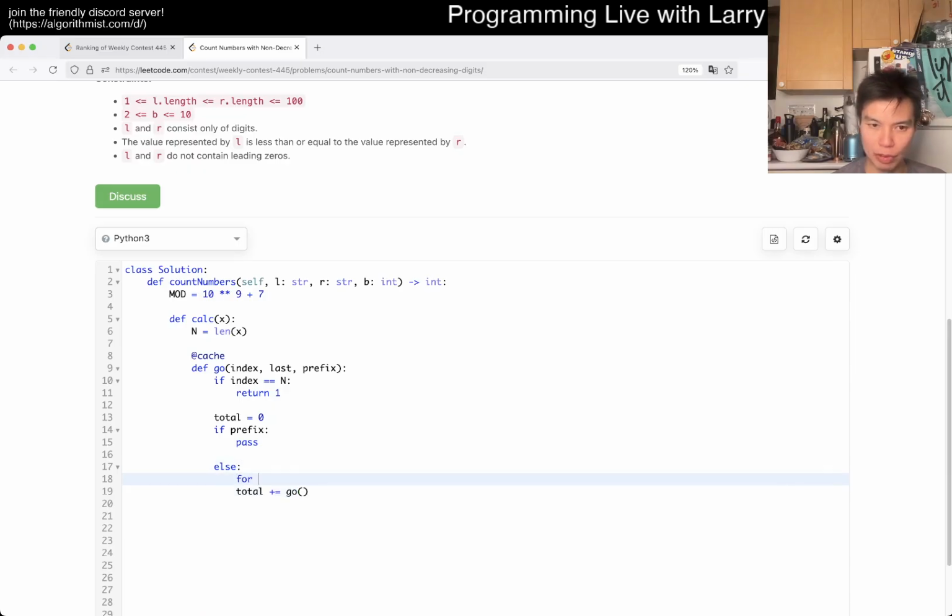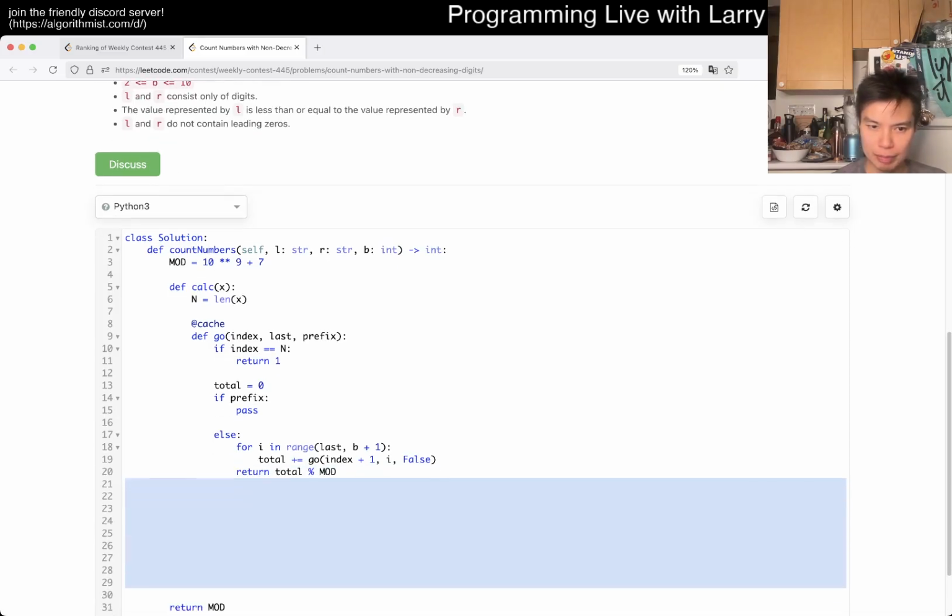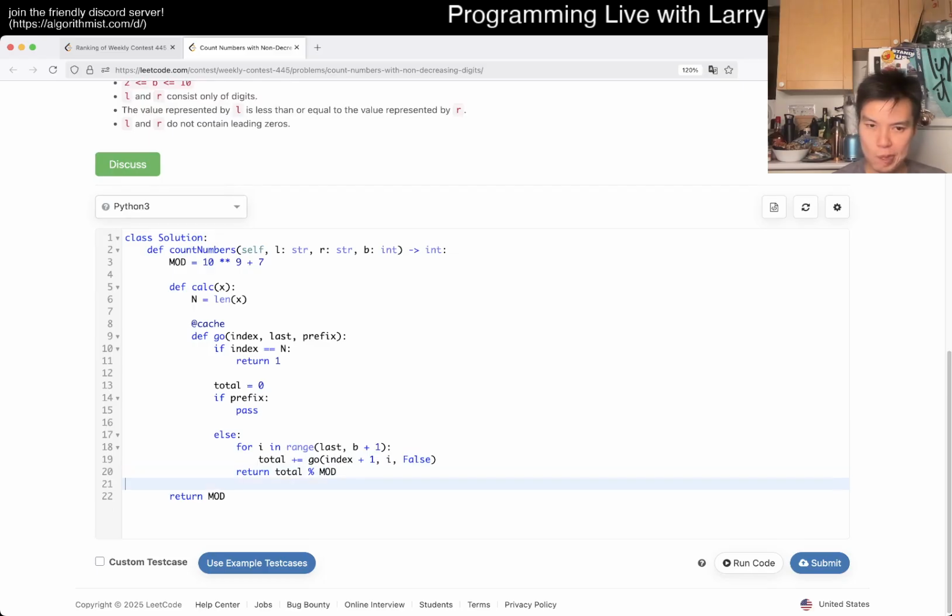So here for i in range from the last digit to the base inclusive, we calculate index plus 1, i, and well, it's already false, so it's going to stay false. And then that's it, right? Yeah, it should be right.